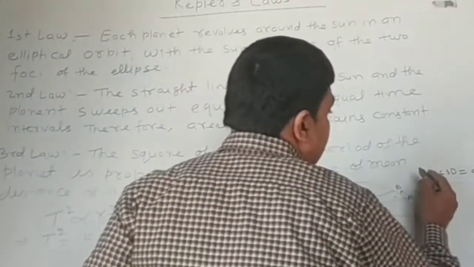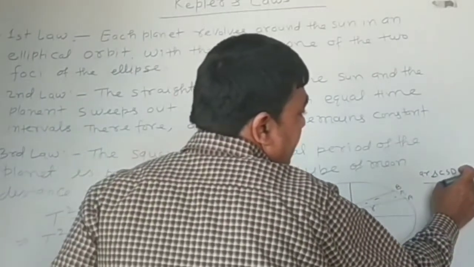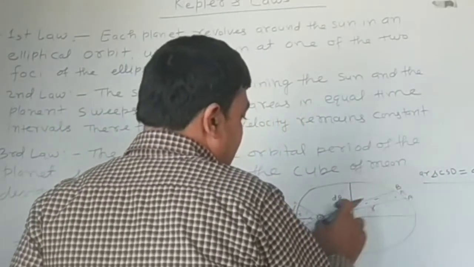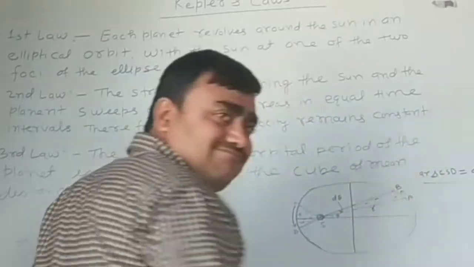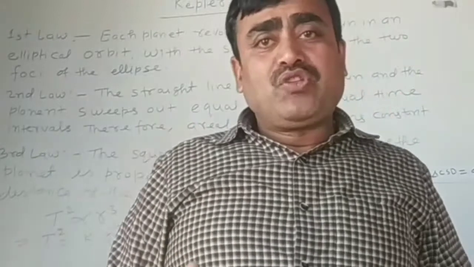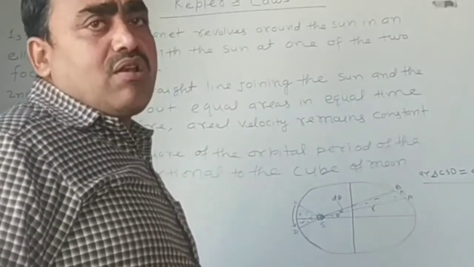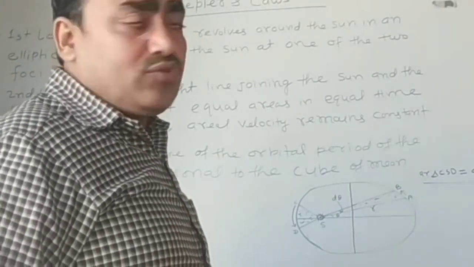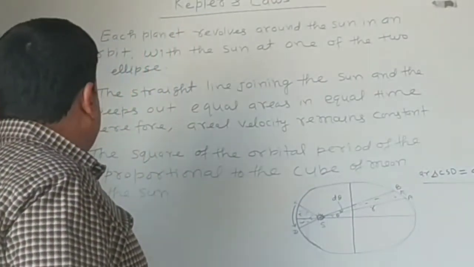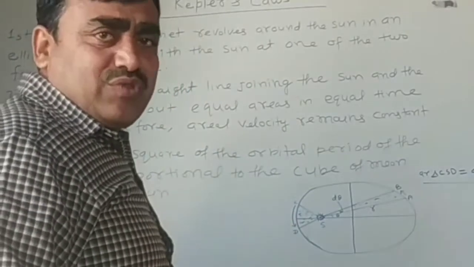That implies area of triangle CSD is always equal to area of triangle ASB. This is Kepler's second law of planetary motion. It is also known as law of areal velocity, while first law is also known as law of orbit. Okay?